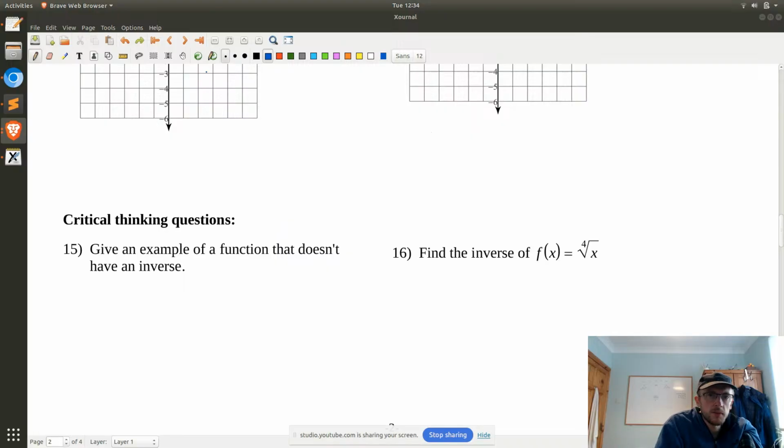All right, so very quickly, a function that doesn't have an inverse. Well, I mean, x squared doesn't really have an inverse. Yeah, I mean, I don't know why I shouldn't go with that. And find the inverse of f of x equals that.